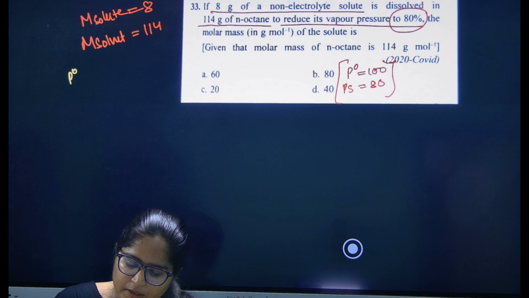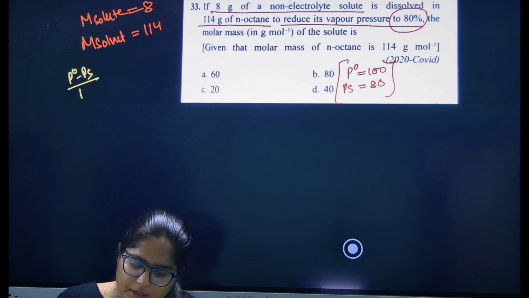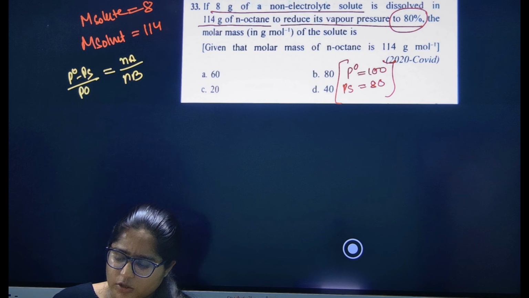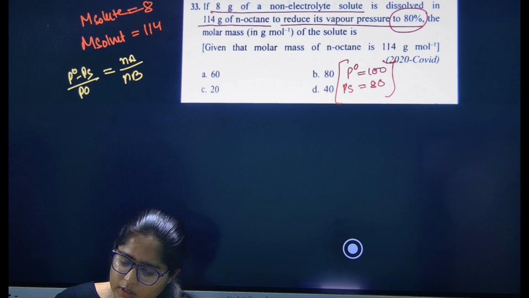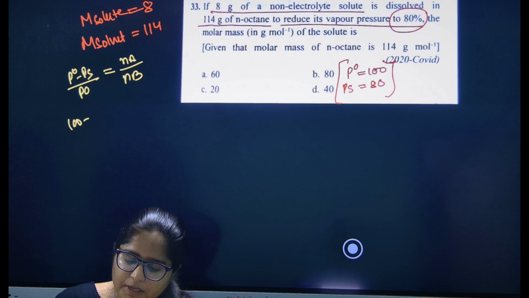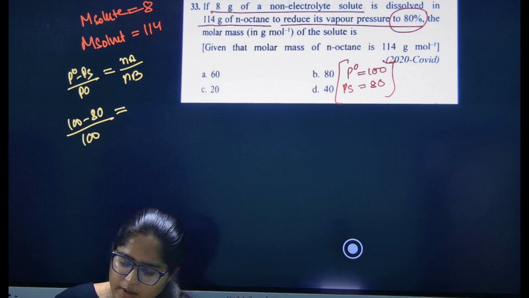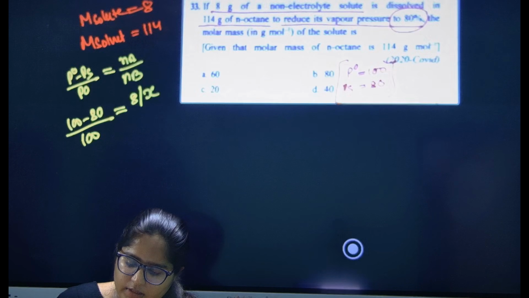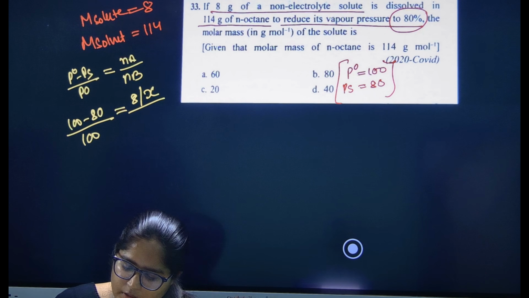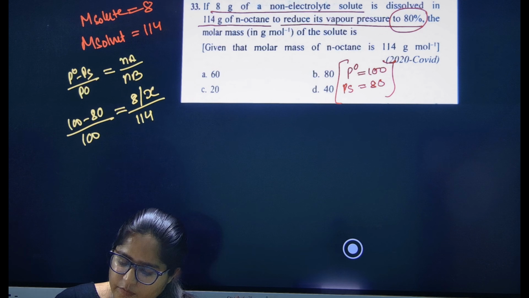So we know P naught minus Ps by P naught will be equal to Na by Nb. We can use it if dilute solutions are there. P naught is, let's say, 100, and Ps is 80, divided by 100, equal to Na, 8 by molar mass, over Nb, the solvent, whose given mass is 114.